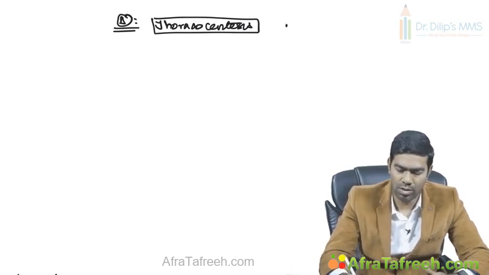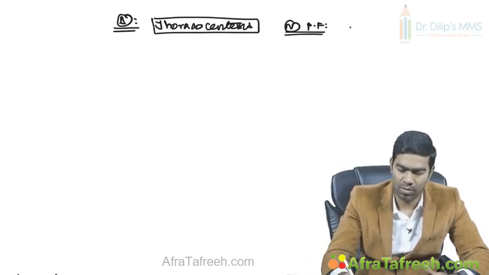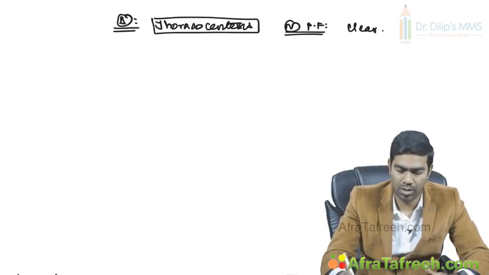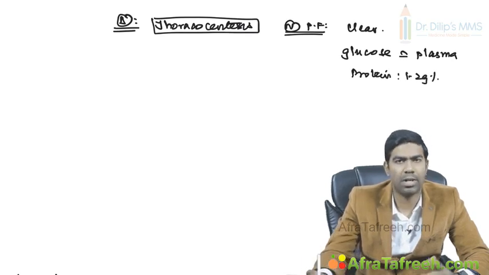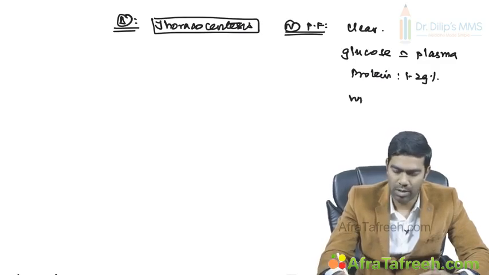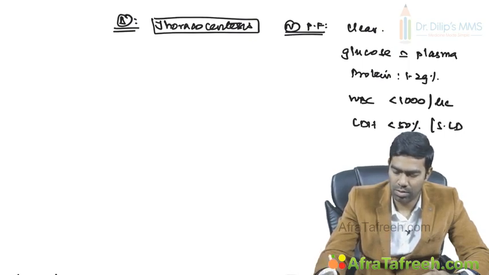So when you do a thoracocentesis, what are the normal pleural fluid characteristics? Normal pleural fluid should be clear, number 1, with a glucose almost equal to that of the plasma, protein of approximately 1 to 2 grams per deciliter, but less than 2 grams per deciliter, WBC of less than 1000, and LDH should be less than 50% when you compare with the serum LDH.